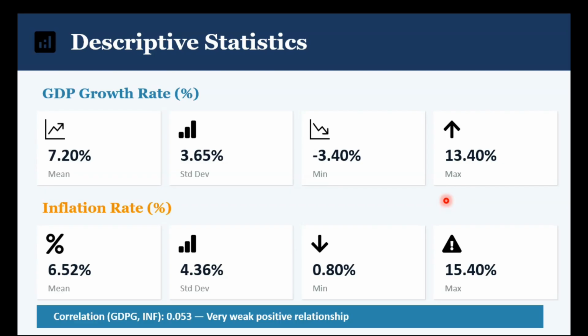But as long as you are still developing, inflation will be an indicator. Any country within development should face higher inflation. It's normal.